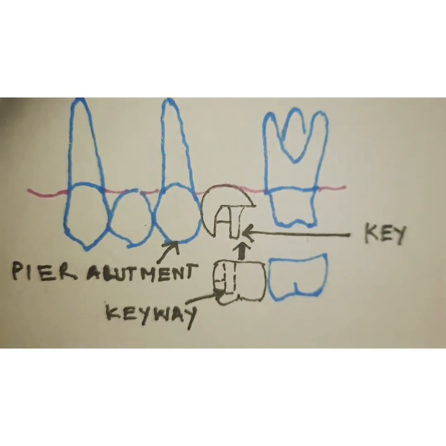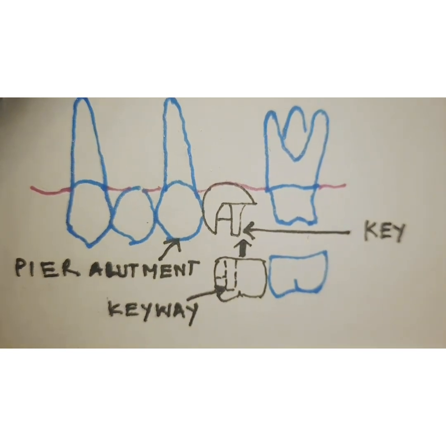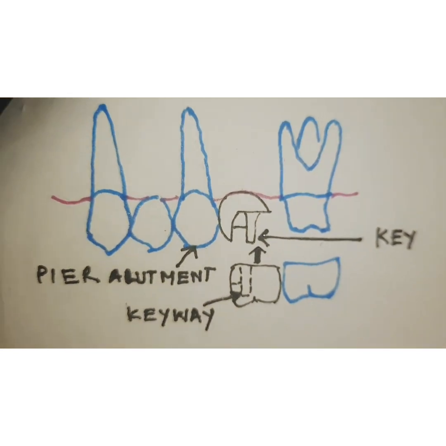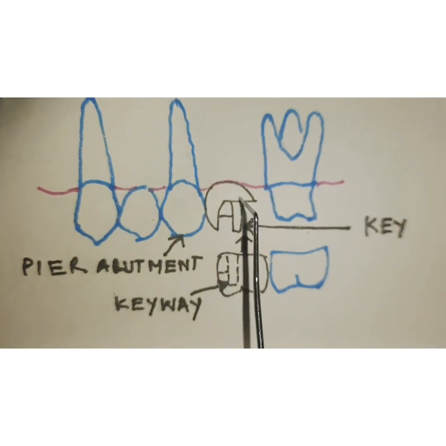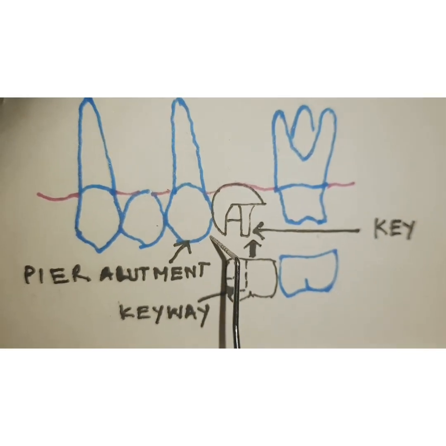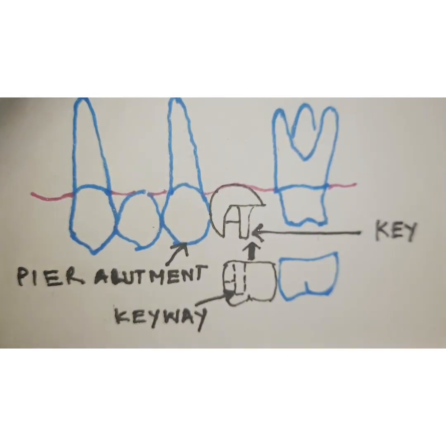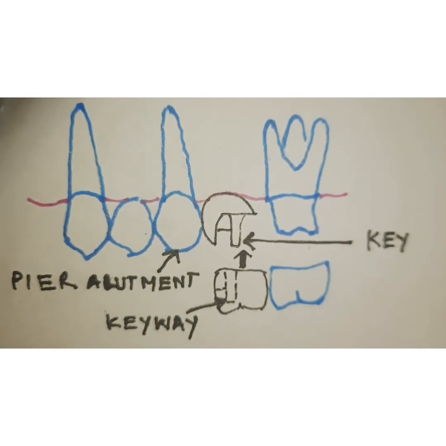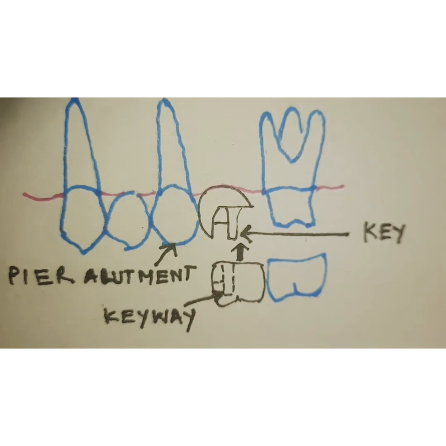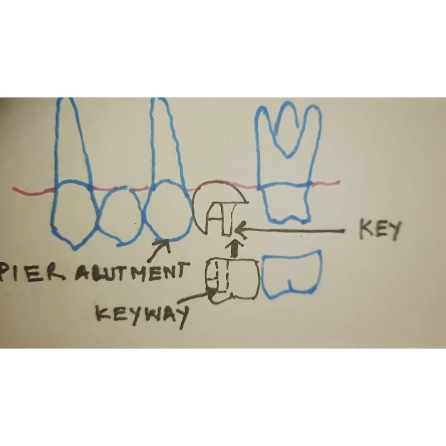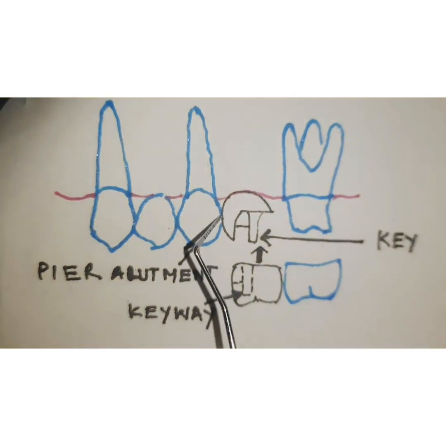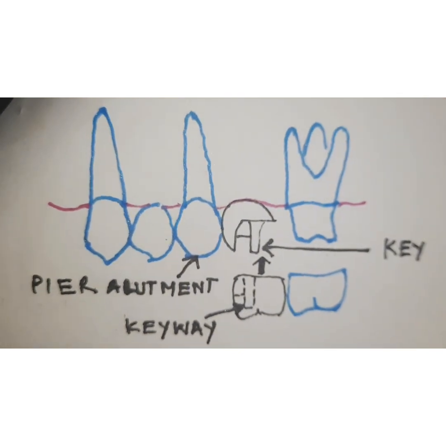Now this connector is incorporated entirely within the pontic. As you can see, you have two parts and the pontic is split into two parts. The one part is this, another part is this. So as I said, you have two parts of the pontic. One is the mesial segment, which is attached here, and you have the distal segment.